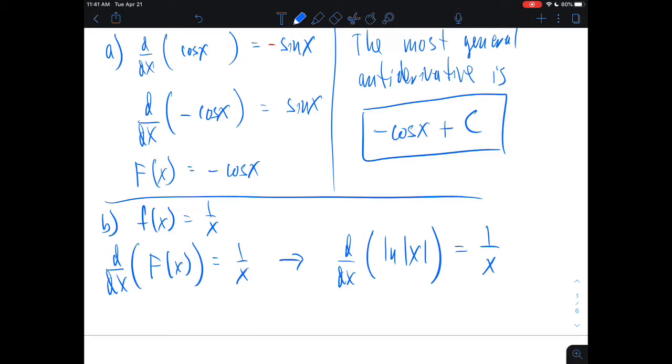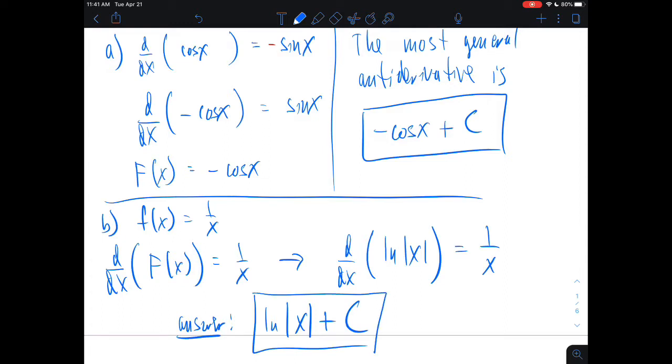This is always going to work out. So the most general antiderivative, the answer, that's going to be the natural log of the absolute value of x plus, again, an arbitrary constant, capital C. And it doesn't matter that we keep using capital C as the arbitrary constant.